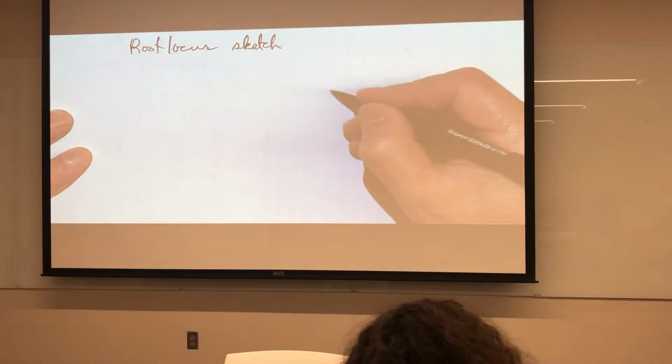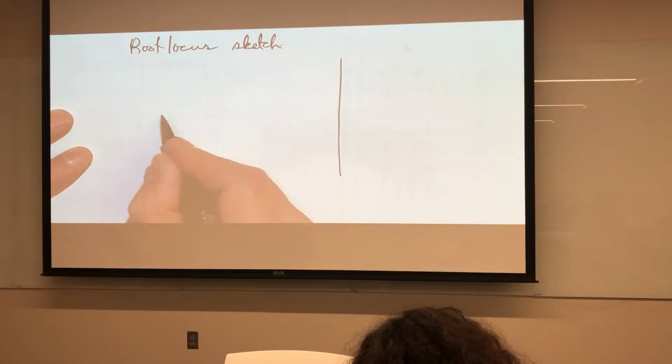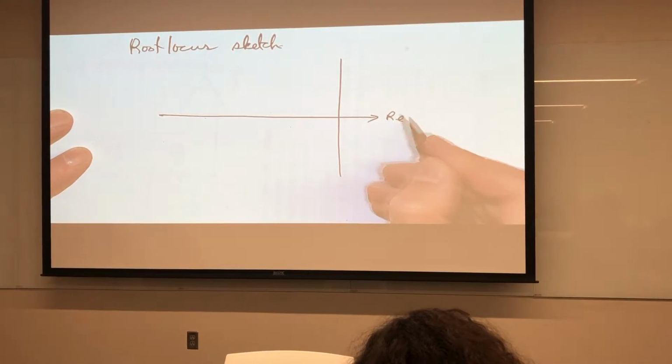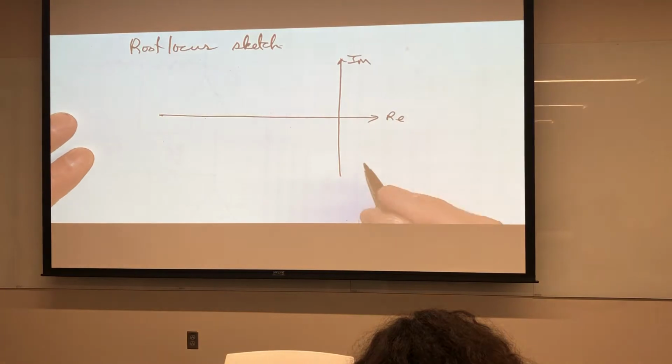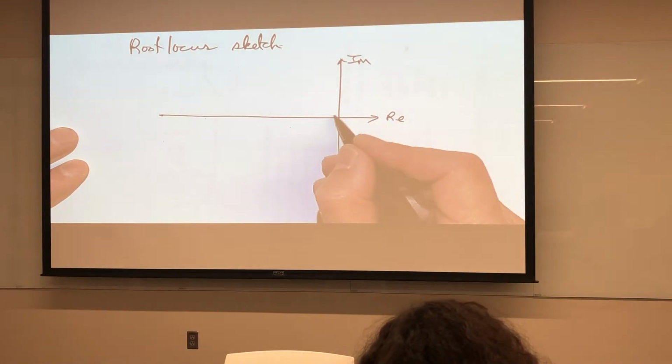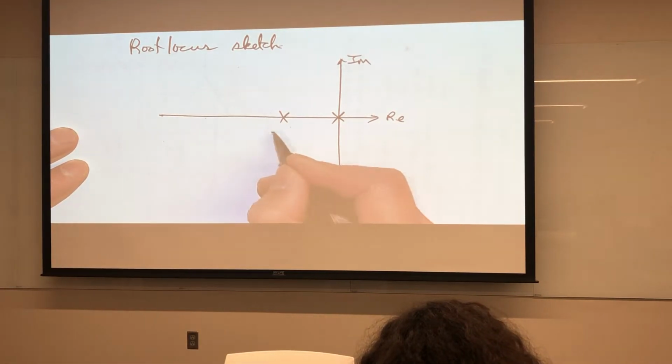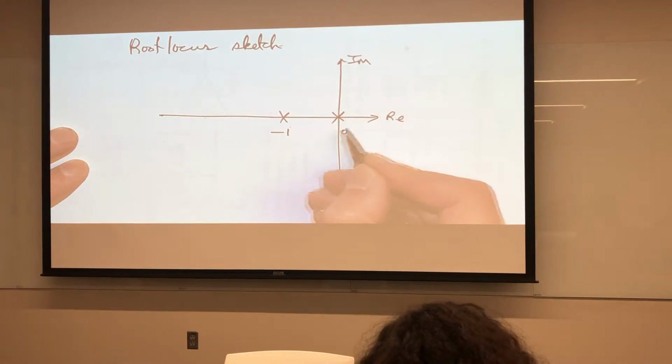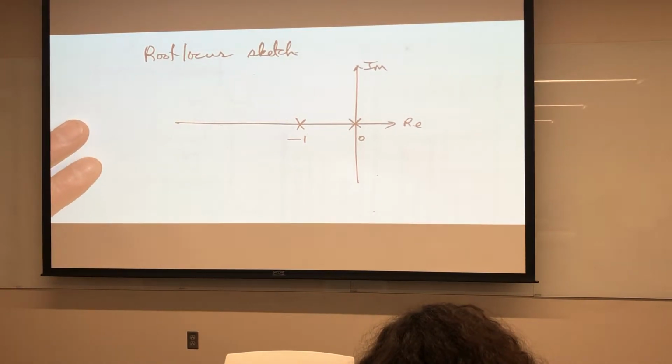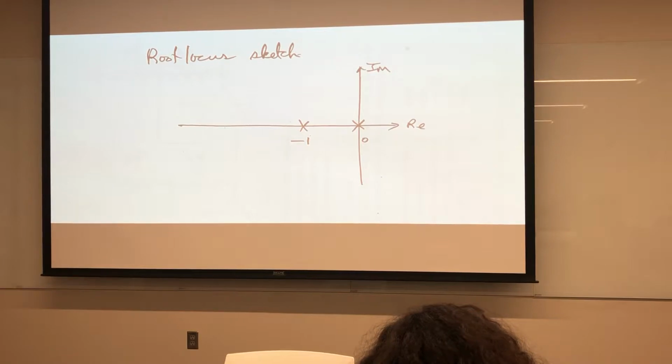And so if we do a root locus sketch, this is what it might look like. Label our axes real and imaginary. The plant has a pole at the origin and a pole at -1. Now we're going to add a phase lead compensator.